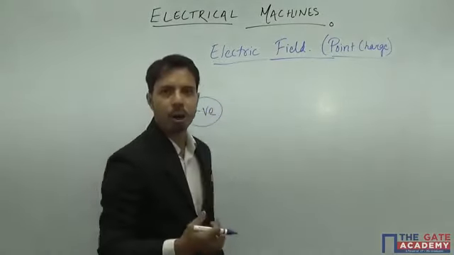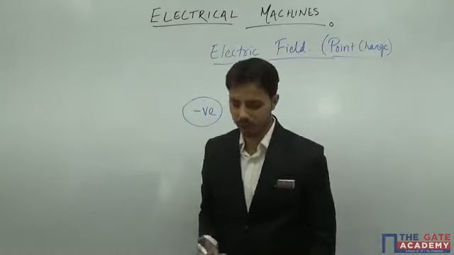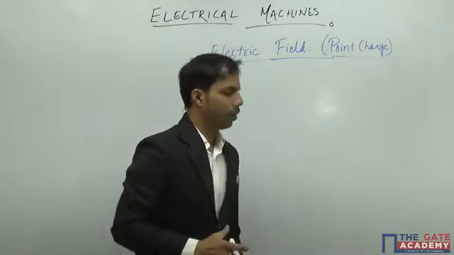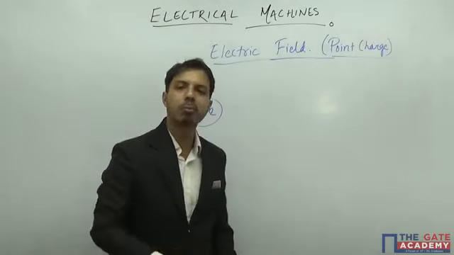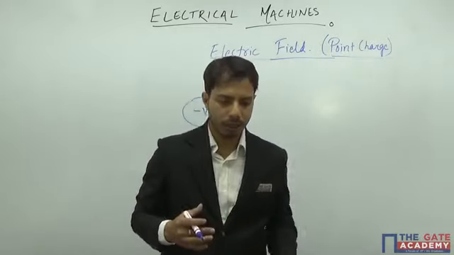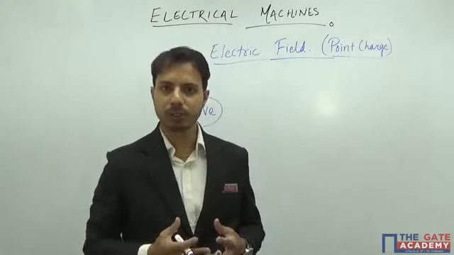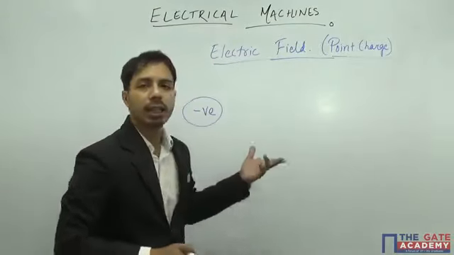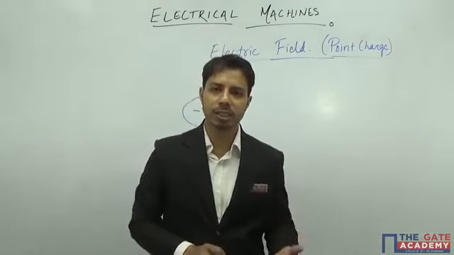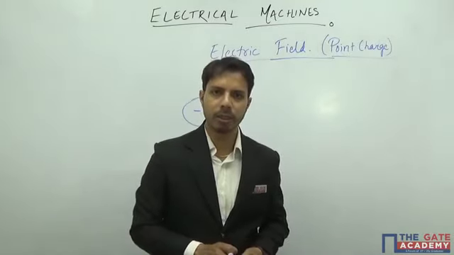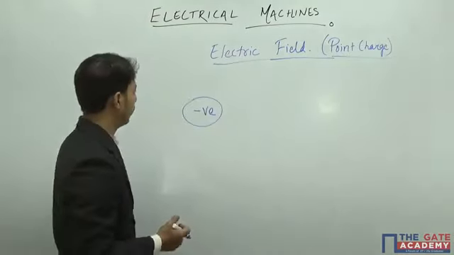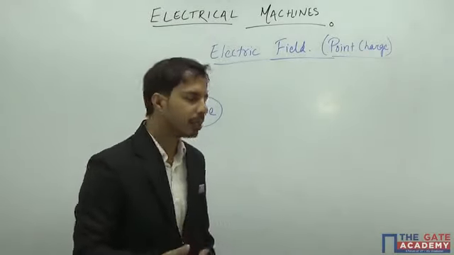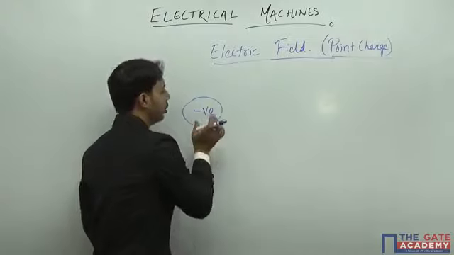What that exactly means is that the body, which is nothing but a group of atoms, has excessive electrons in it. So whenever a body has excess electrons, it is said to be negatively charged.